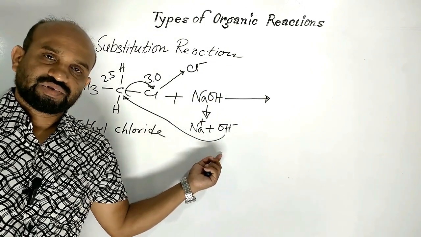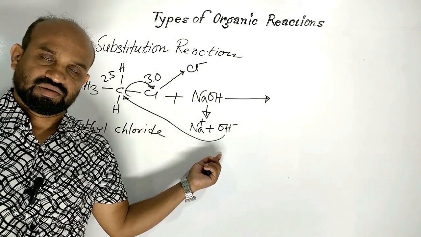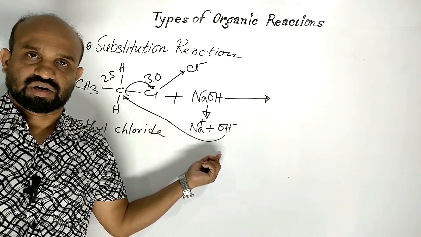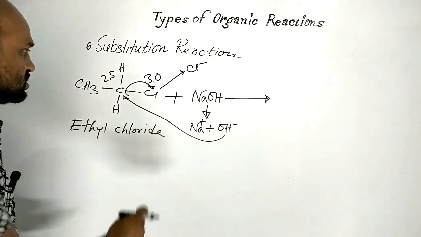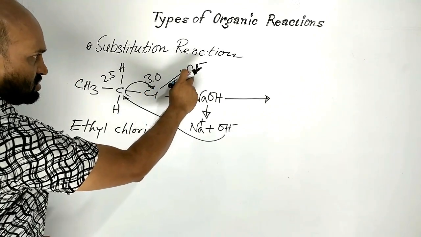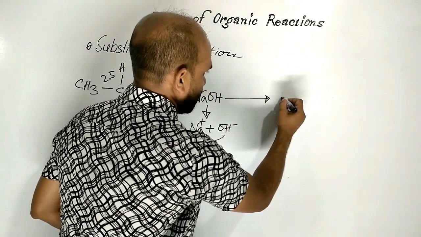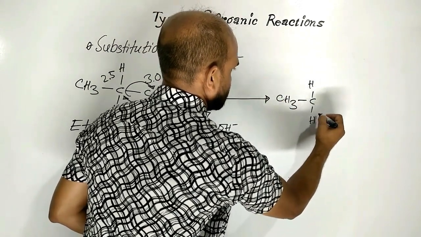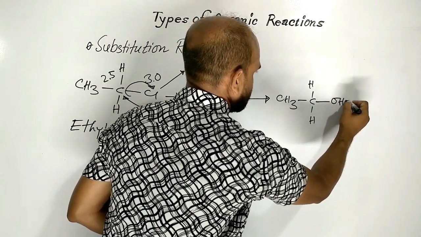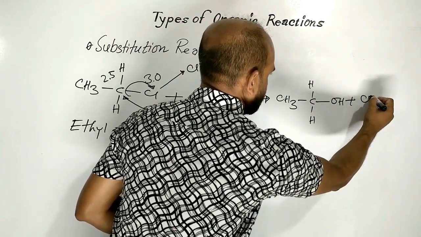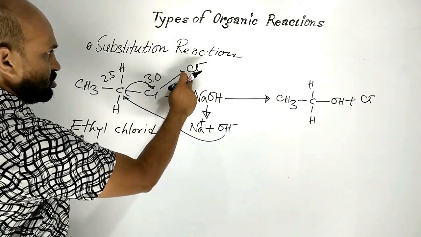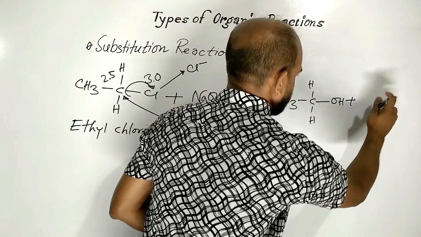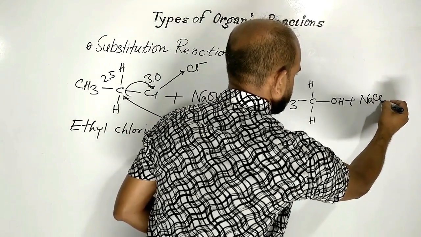That is, substitution occurs here. The more active hydroxide ion substitutes chlorine as chloride ion. Ultimately, this compound is formed. Here the chloride ion combines with sodium ion to form sodium chloride.